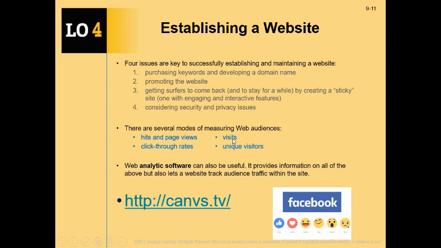These hits or visits or click-through rates or unique visitors are very quantitative in terms of the number of times that a user interacted with your website. But sometimes you want to learn some qualitative or subjective type of information, like for example, what is the sentiment, right, that people have in interacting with your product on Facebook, for example.